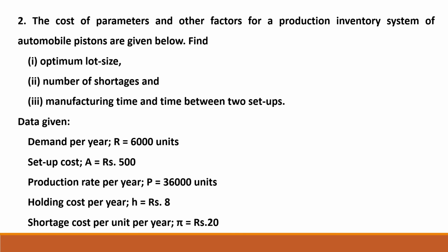Setup cost A is equal to rupees 5,500. Production rate per year, capital P, is 36,000 units. Holding cost per year, H, is rupees 8. And shortage cost per unit per year, pi, is rupees 20.